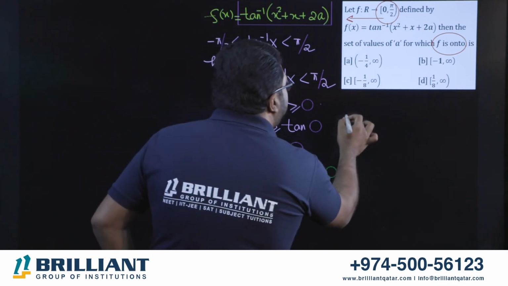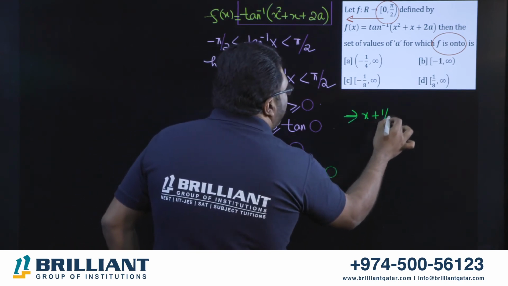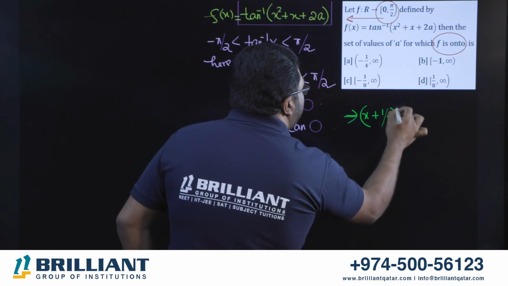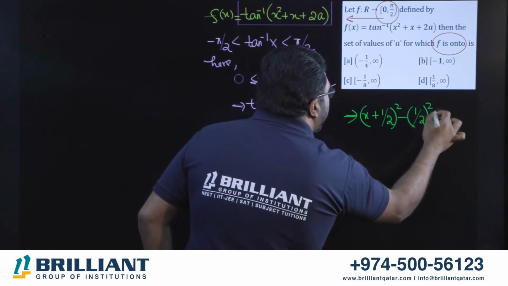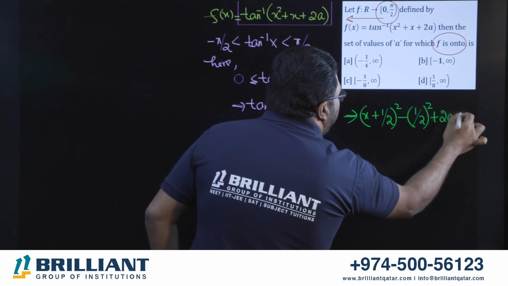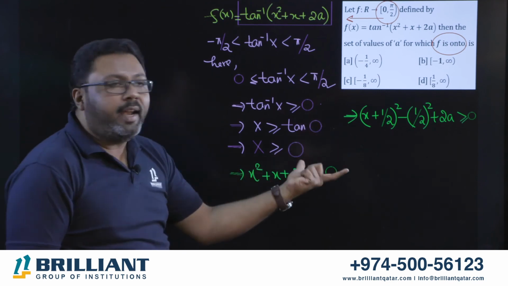What does it tell me? That implies (x plus 1 by 2) squared minus (1 by 2) squared plus 2a is greater than or equal to 0. I want this to be greater than or equal to 0.